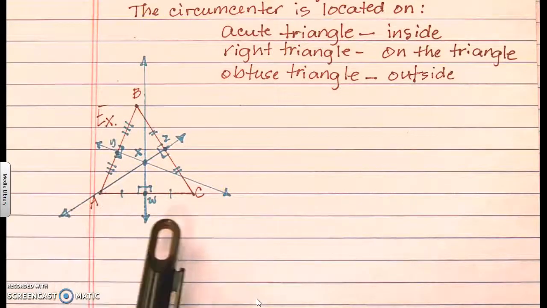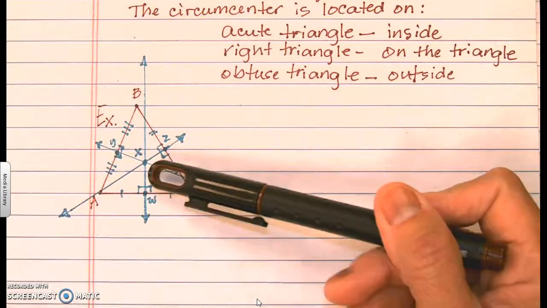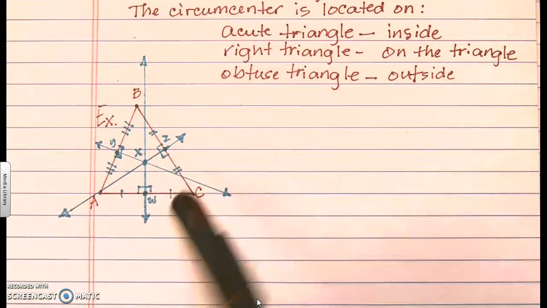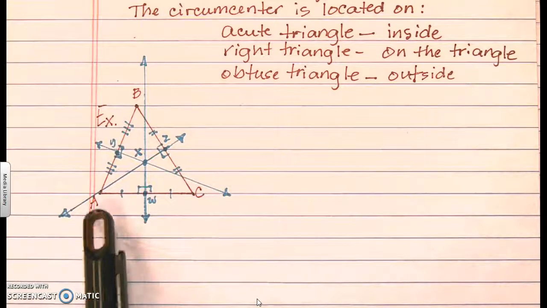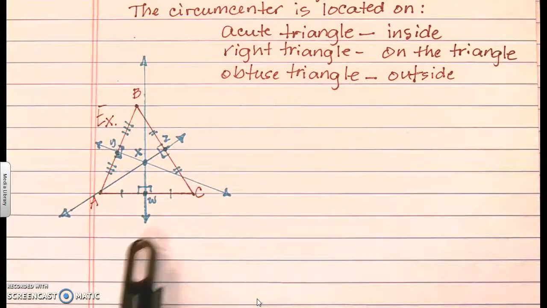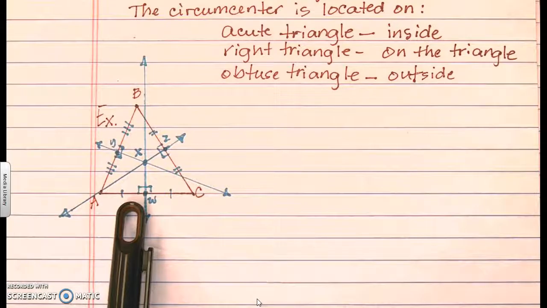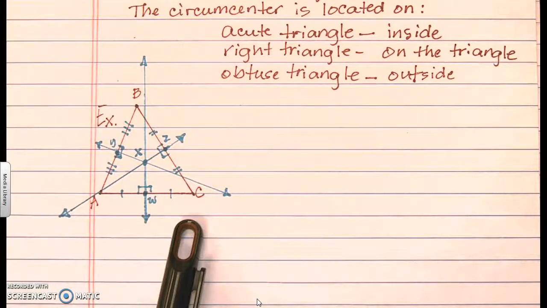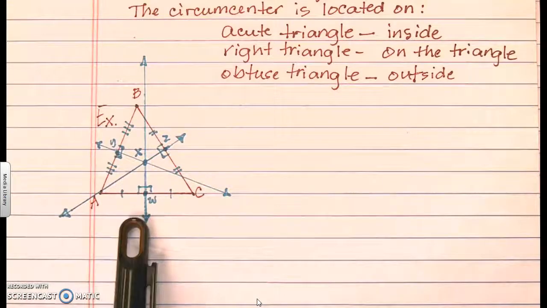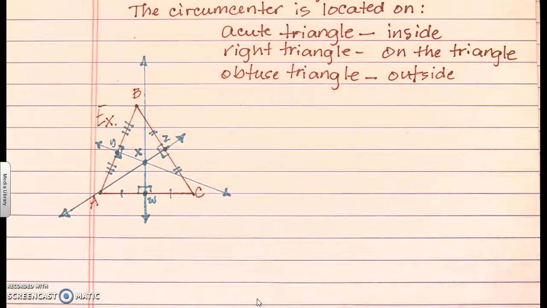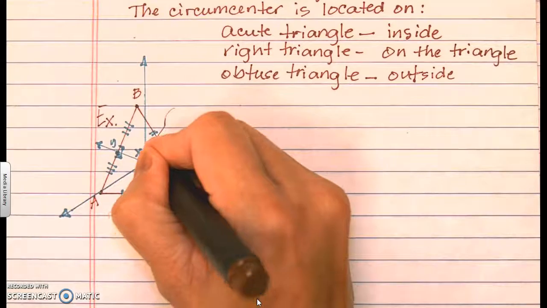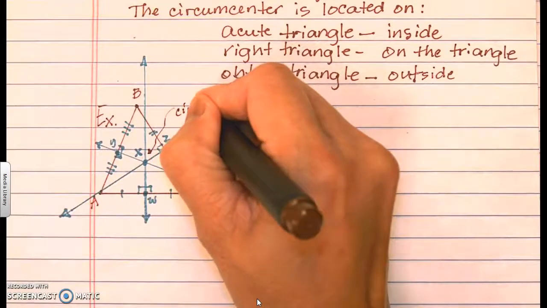And the same way with line XW, which is the perpendicular bisector of AC, because it forms a right angle with side AC at the same time that AW is congruent to WC. Therefore, this center right here is called the circumcenter. So this right here is your circumcenter.